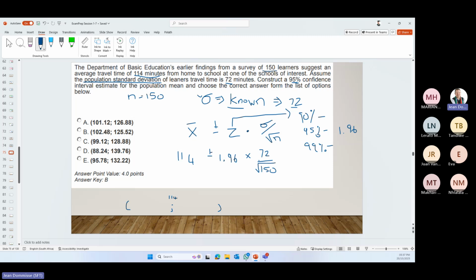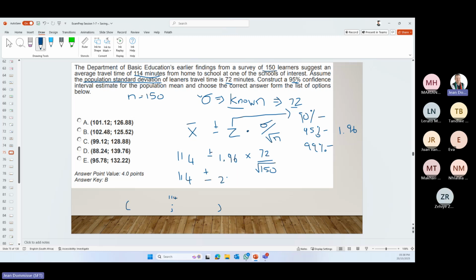So 72 divided by the square root of 150 is 5.8788, times 1.96, gives you 11.5224. We're going to add and subtract that.